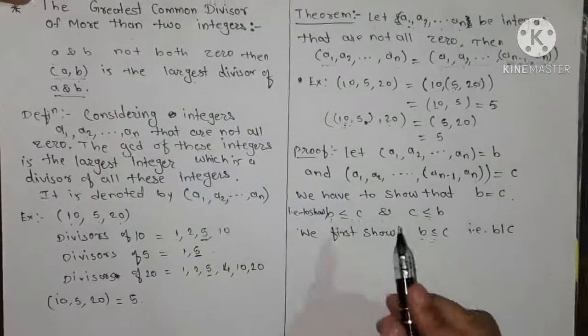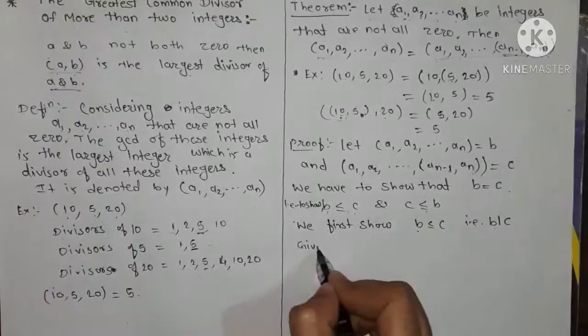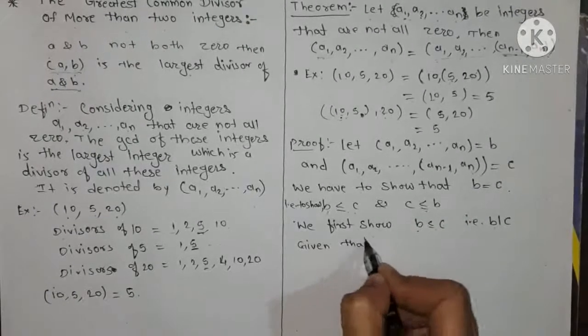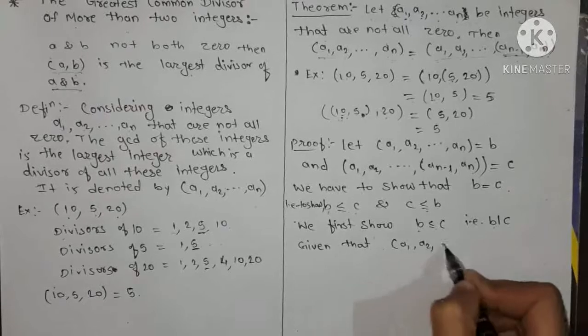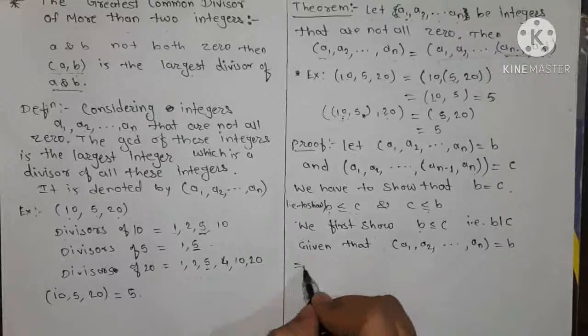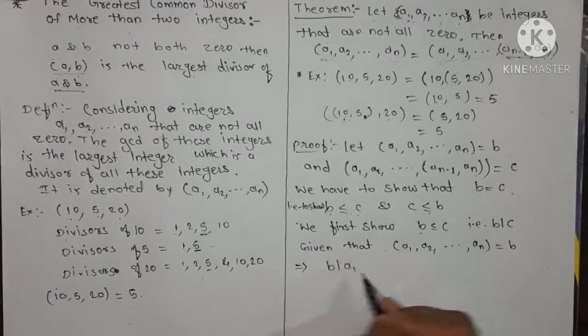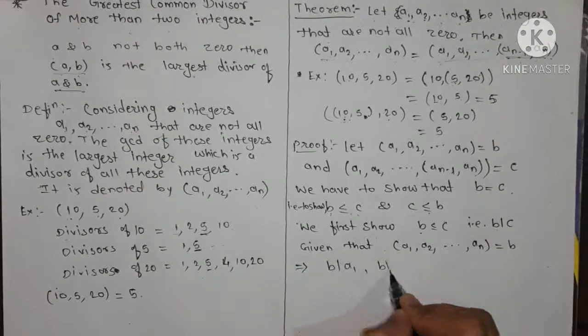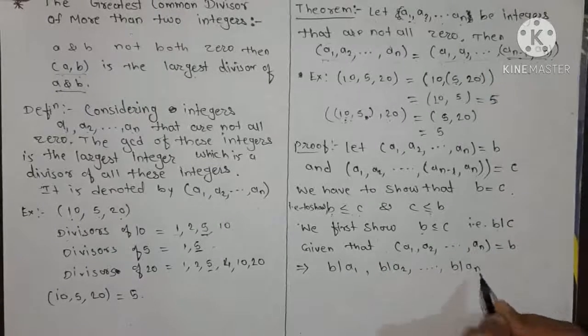So as we have given that GCD of A1, A2 and so on AN equals B, this implies B divides A1, B divides A2, and so on B divides AN.